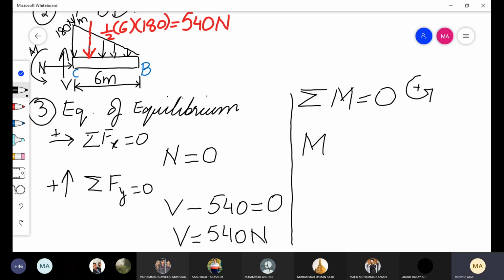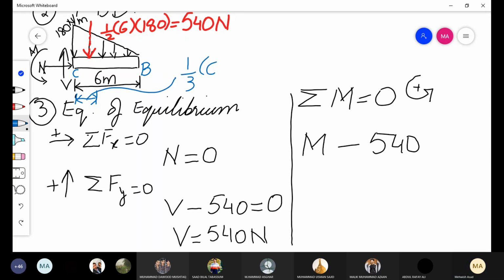This will be positive, and next moment will be 540, that is the intensity of the load, multiplied with its distance from C. So this distance is 1/3 of 6, that is 2 meters.